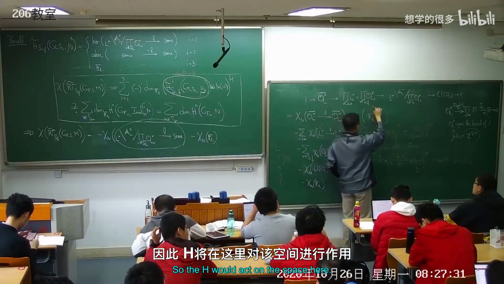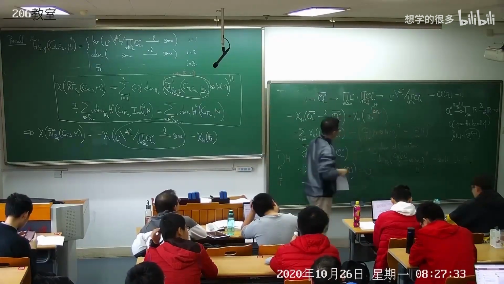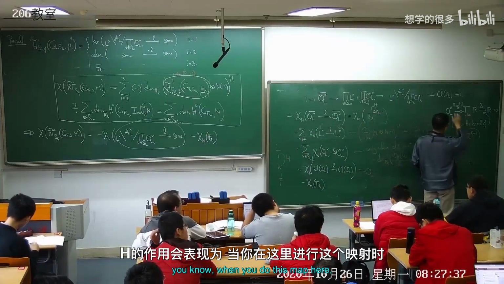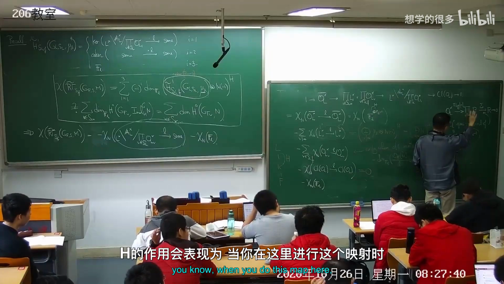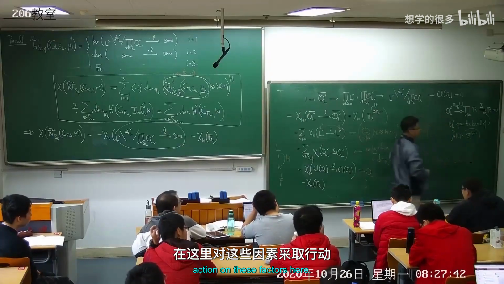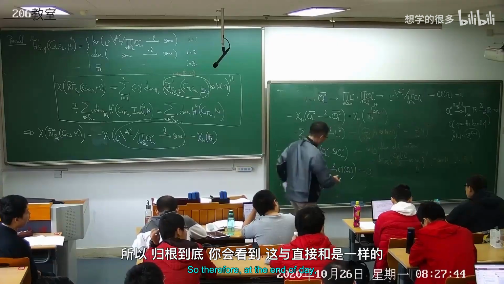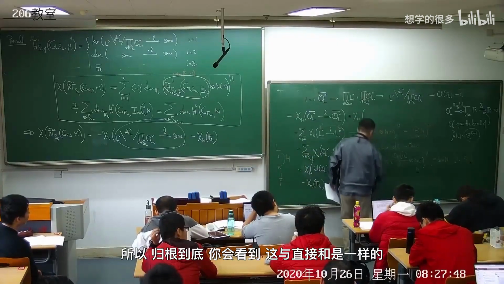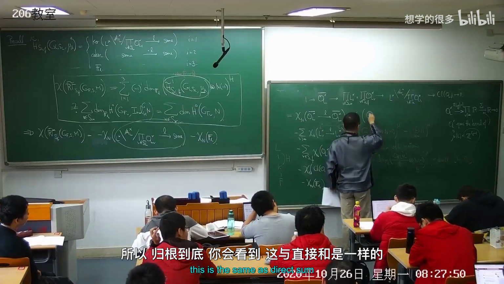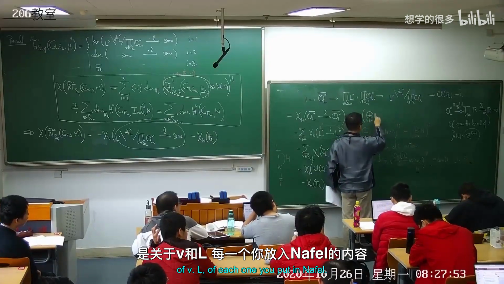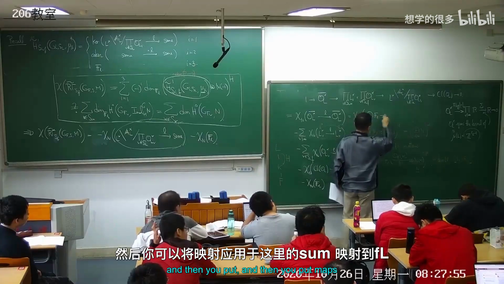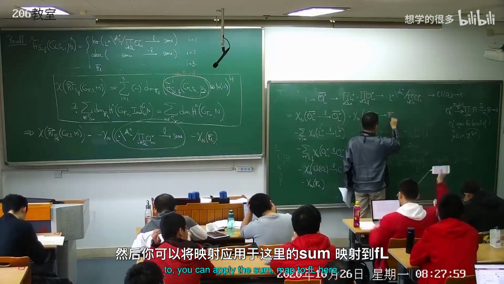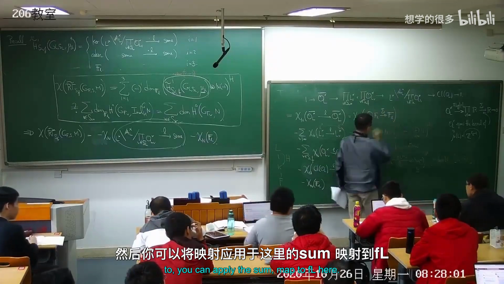So the action of H will be translated, when you do this map here, into an action on these factors here. So therefore, at the end of the day, this is the same as the direct sum over v dividing L, of each one you put in FL. And then you map by the sum. You map to FL here.